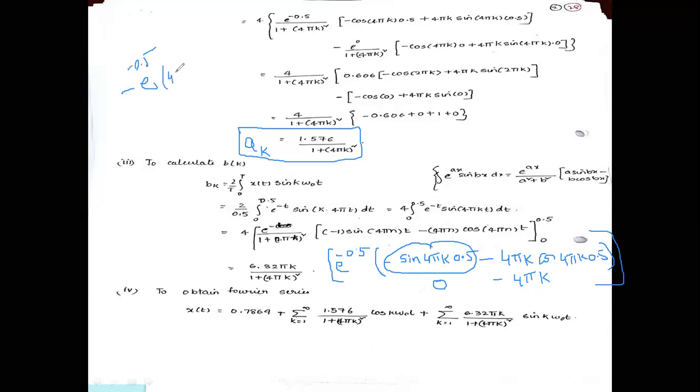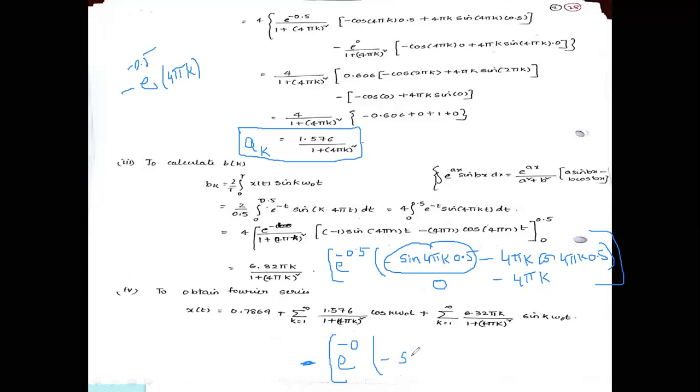This is the first term. And the second term, you can see e power minus t is 0 here. The minus is there because the lower limit you substitute as a minus value.